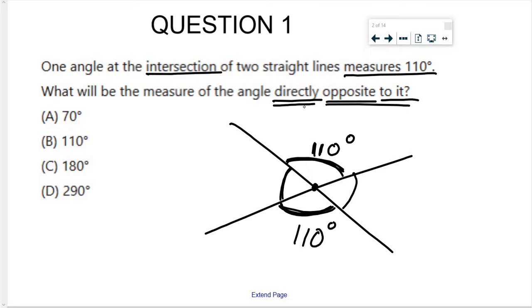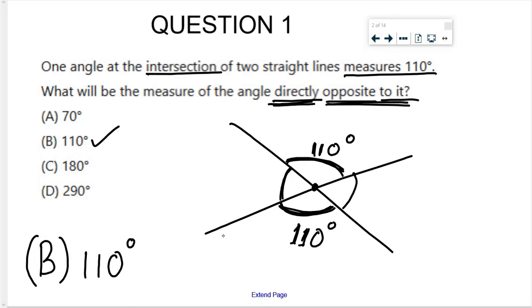So the measure of the angle that is directly opposite to it will be 110. So what will be the correct option? The correct option will be option B. And you write here option B and the sentence that defines option B. So it is option B, 110. All right? So you're done.